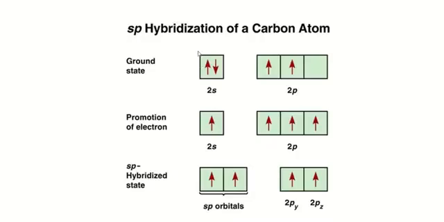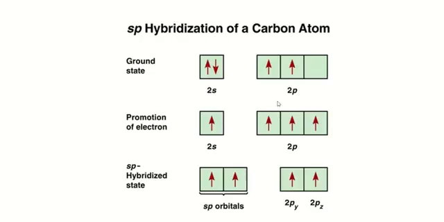Now sp hybridization. sp hybridization is a type of hybridization in which one s orbital and one p orbital mix to each other. They form two sp hybridized orbitals.